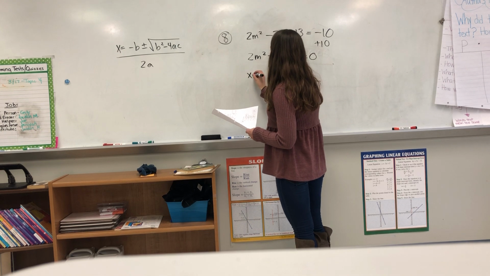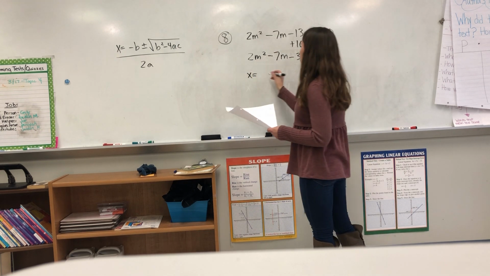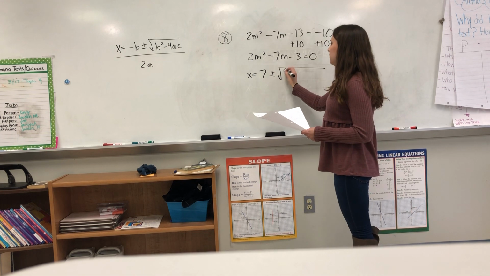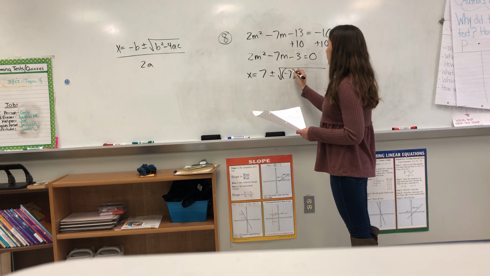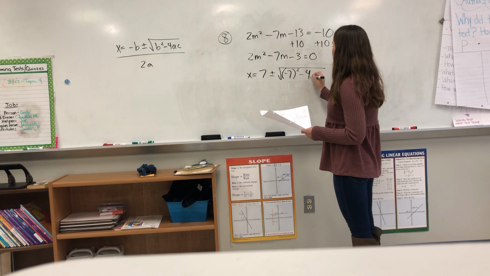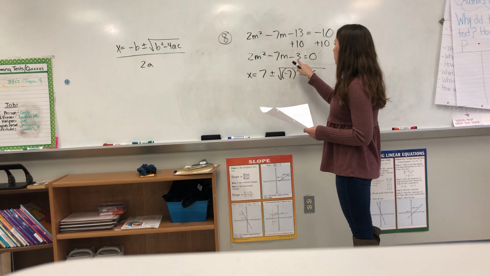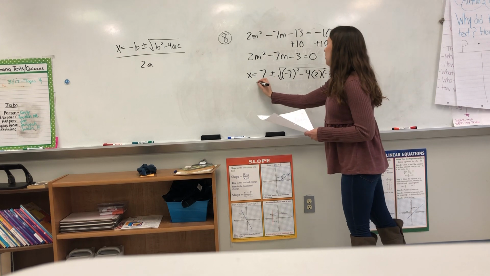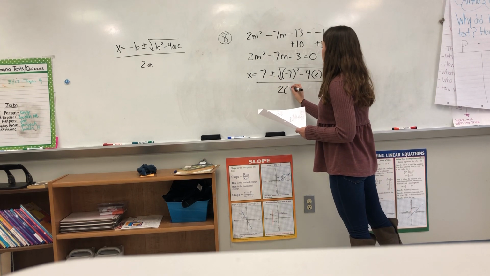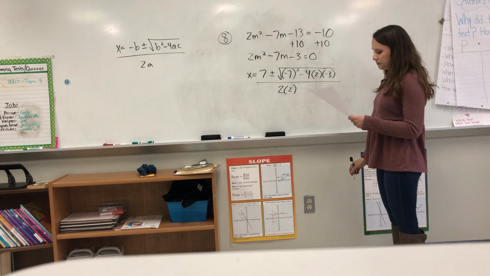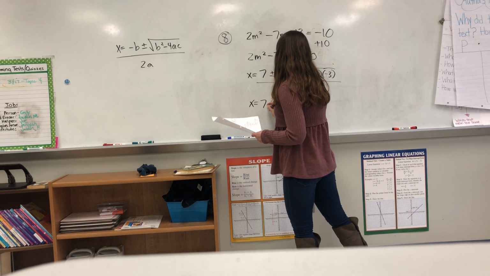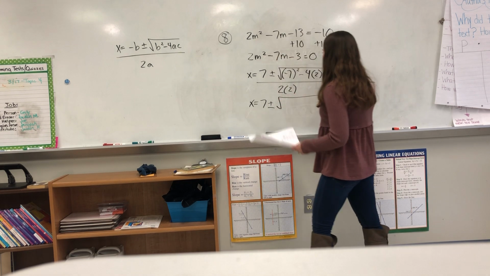So x equals the opposite of b, so that's positive 7, plus or minus the square root of negative 7 squared minus 4ac, so 2 and negative 3, all over 2a, so 2 times 2. x equals 7 plus or minus the square root.